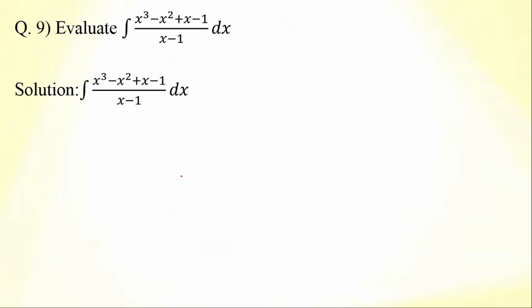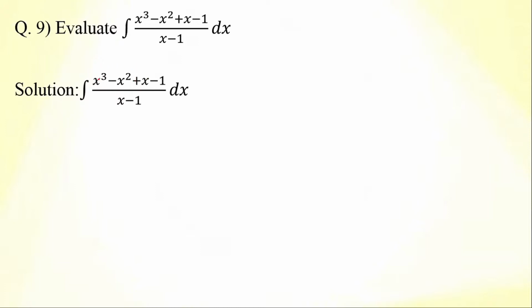Moving further to the next question. Now this time, in place of having a single term in the denominator, you have got two terms, x minus 1. Now how will you simplify this rational function, or how will you integrate this function? This doesn't seem to be easy, but focus here on the numerator.